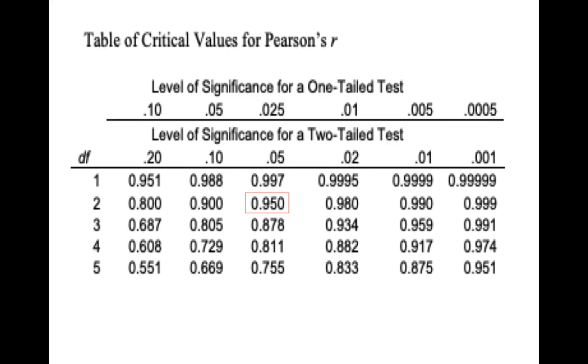I don't know just how big that correlation is in the population, but I can at least say it is improbable, based on 4 people, to get a correlation that is as big as 0.95 if the true population correlation is 0. So I reject that it's 0, it must be a positive correlation. I just don't know what it is. Okay, so that's the inference.